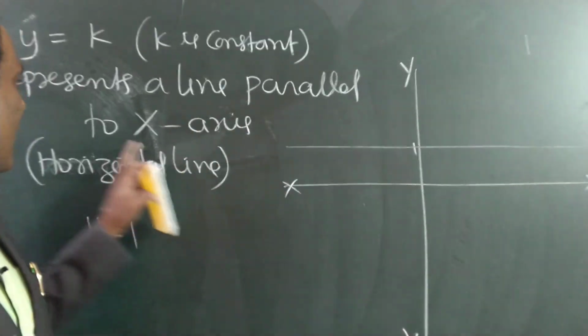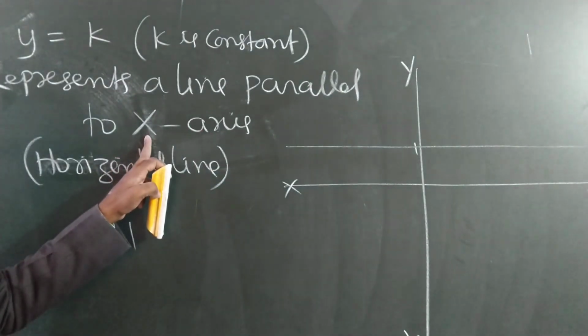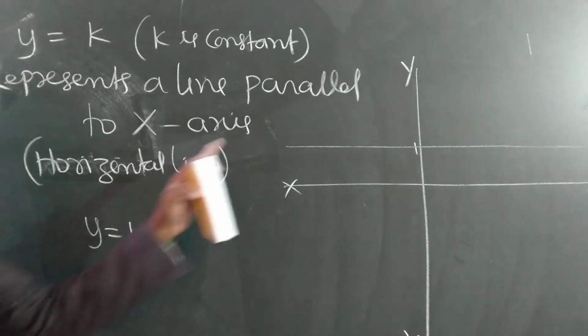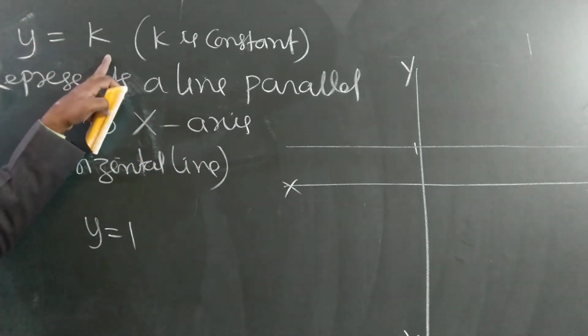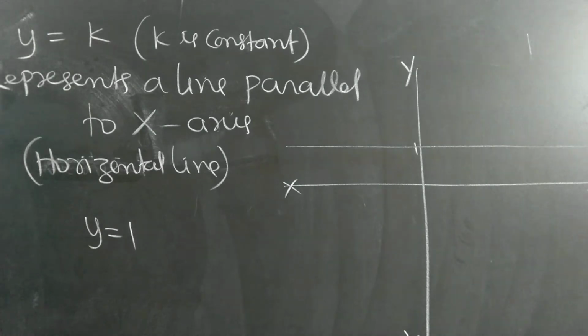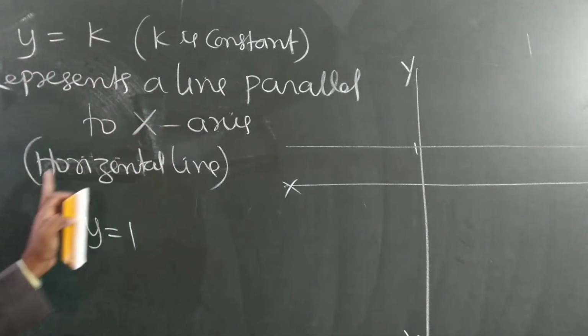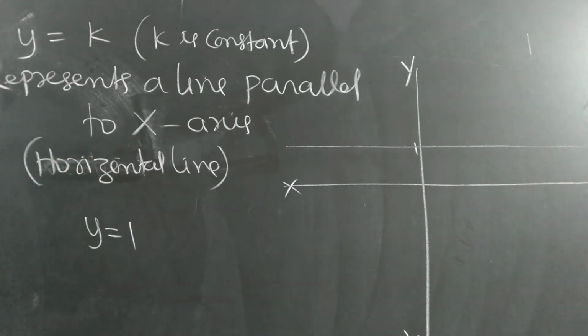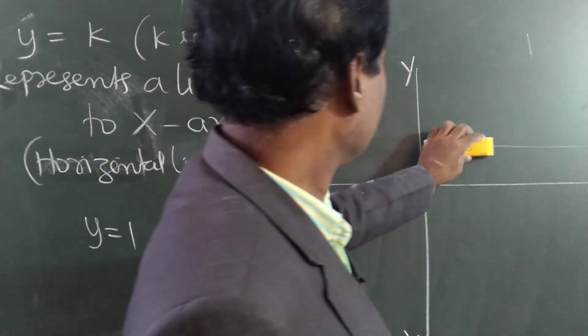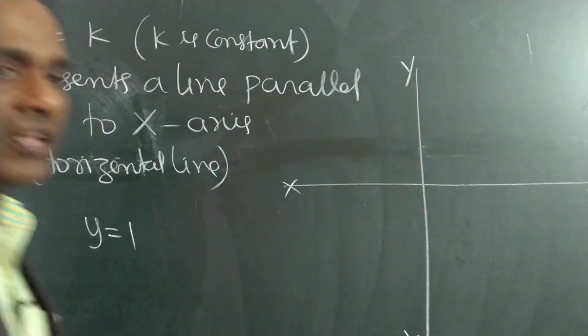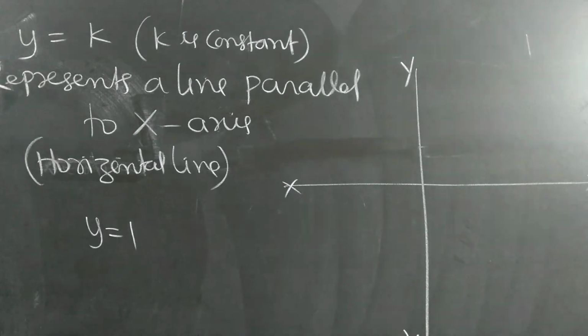Parallel to the x-axis. Y is equal to any number, parallel to the x-axis. X is equal to any number, parallel to the y-axis. Reverse. So y is equal to k represents a line parallel to the x-axis. That is a horizontal line. Write down the second bit. Y is equal to k, where k is a constant, represents a line parallel to the x-axis.